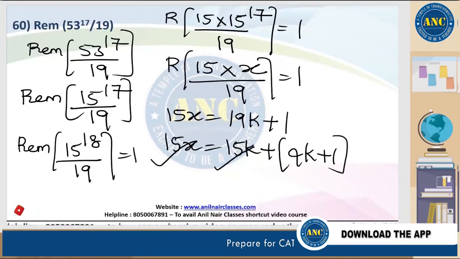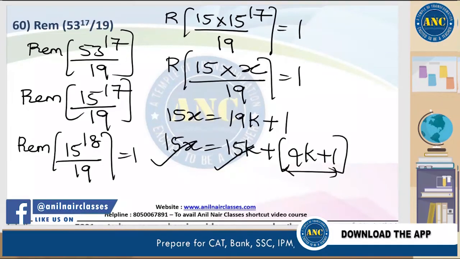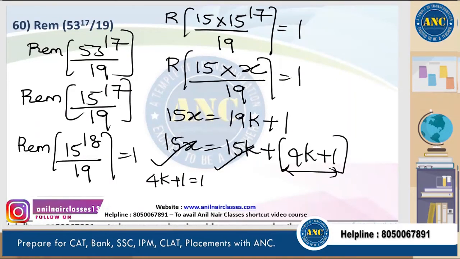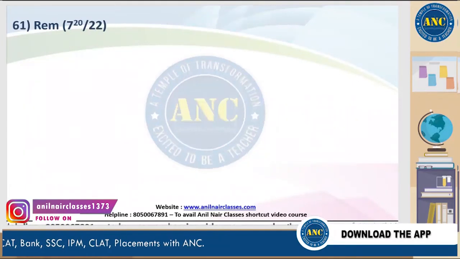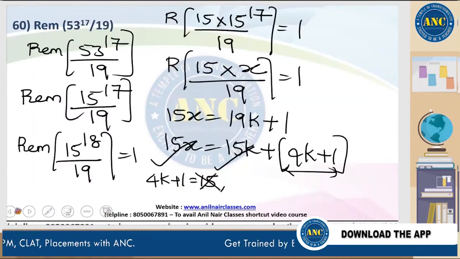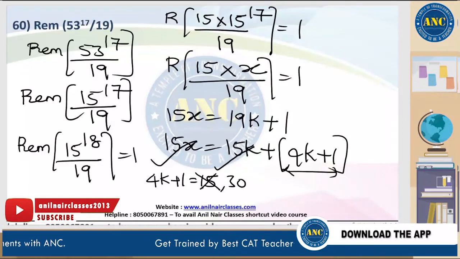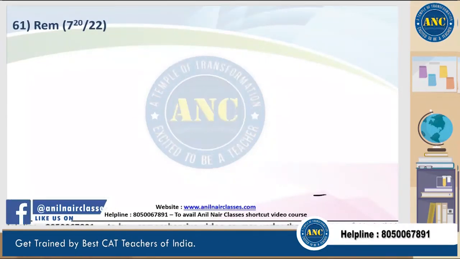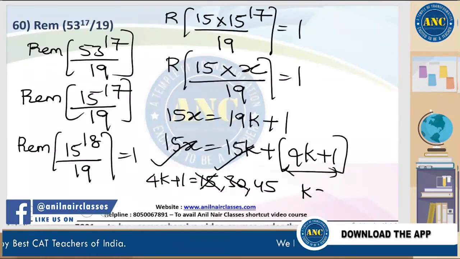This has to be divisible by 15. 4k plus 1 should be divisible by 15, and k has to be an integer. 15 not possible, 30 not possible, 45 yes, possible. K will be 11.